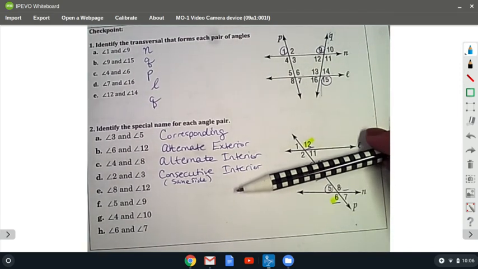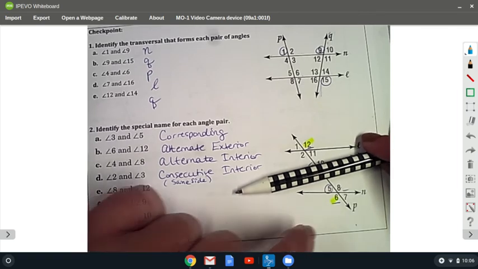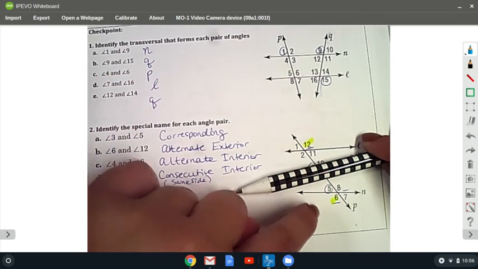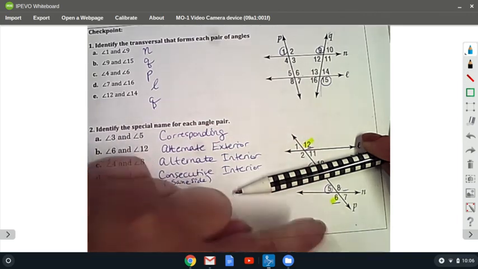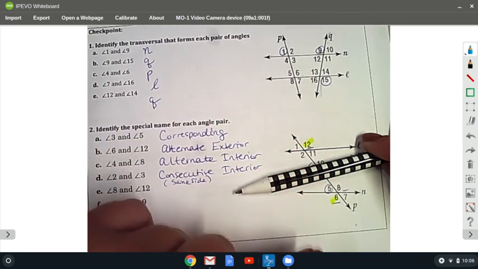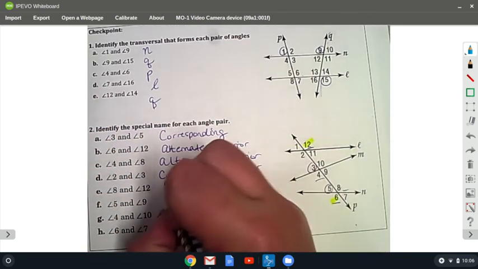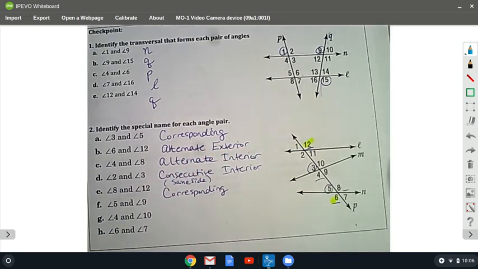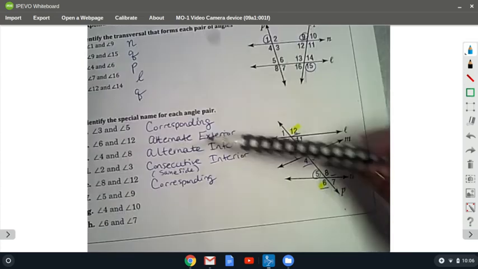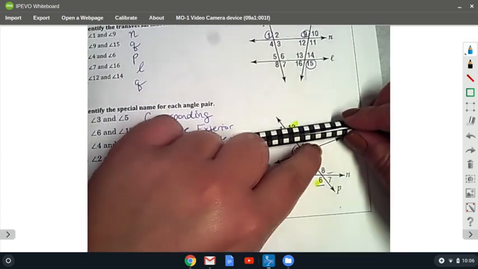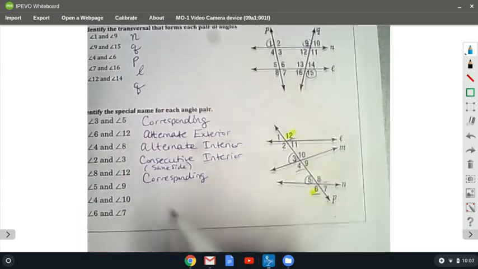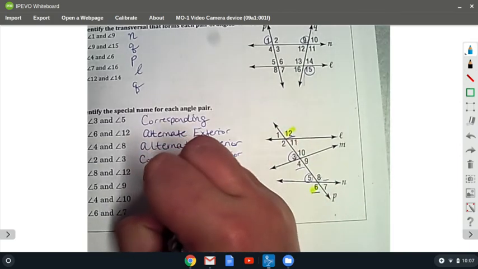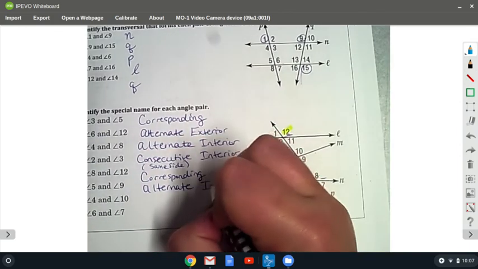So I'm going to cover up this middle line. 8 is on the inside of these 2 lines, and 12 is on the outside, and they're on the same side. So that's going to be corresponding. 5 and 9. If I cover up the top, they're both interior, and they're on opposite sides. So opposite sides tells me I'm using the word alternate, and they're interior.